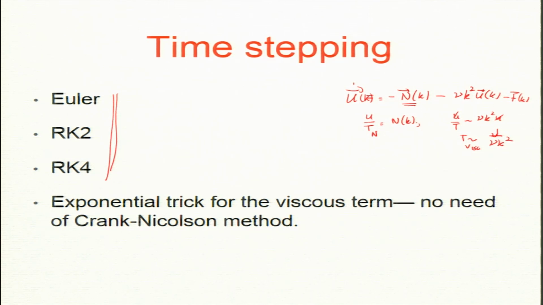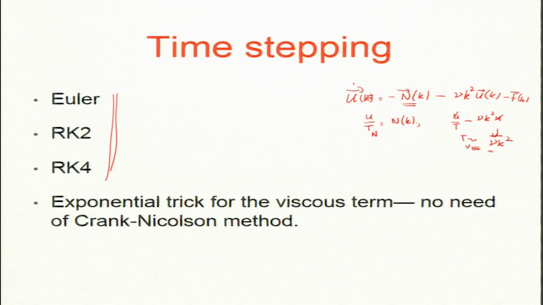These two time scales can be very different. If viscosity is small, they can be very different, depending on wave number and so on. So there could be a problem of stiffness. If the two time scales are different, then you have to choose the smallest of the two, and that can be very expensive.